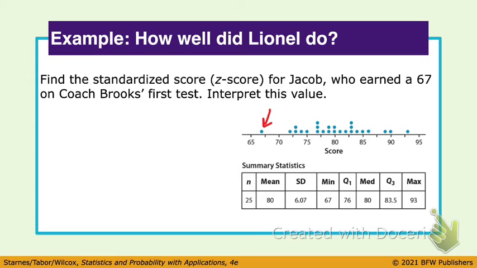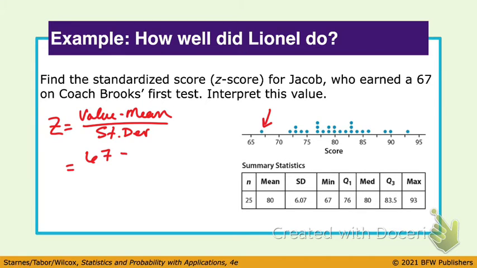So z equals value minus mean divided by standard deviation. We take his value of 67, subtract the mean of this distribution, and divide by the standard deviation of this distribution, and we get negative 2.14.